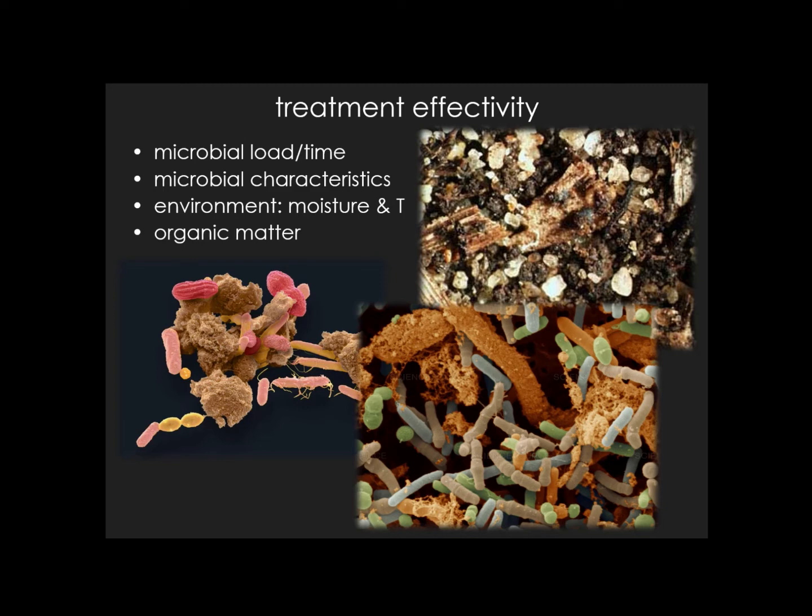So organic matter in the environment will protect microorganisms, which is a lot of the reason why we clean wounds before we dress them and clean them before we apply antibiotics or antiseptics, because we need to remove that organic matter so that the treatment can get right to the cells and be as effective as possible.